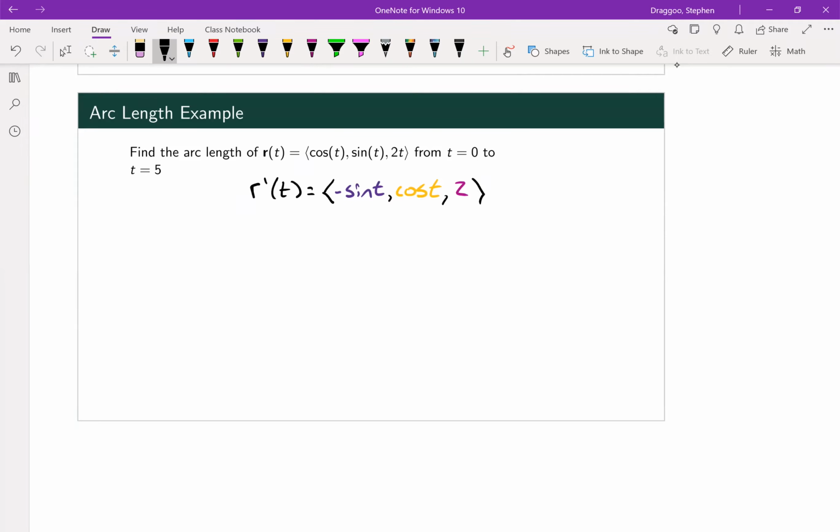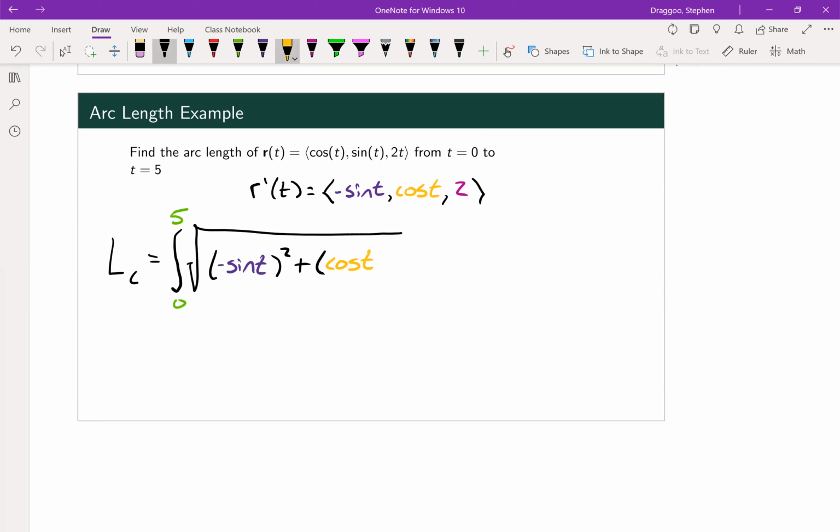So then our arc length, or the length of our curve C, should be the integral from 0 to 5 of the square root of negative sine t squared plus cosine t squared plus 2 squared.